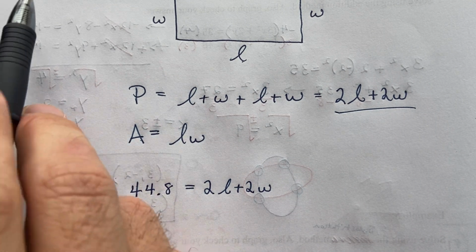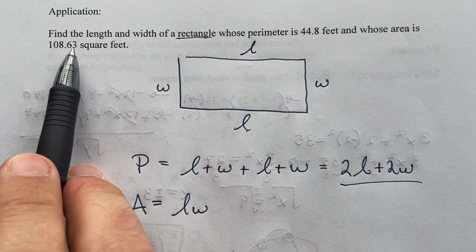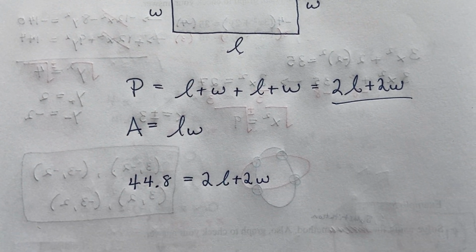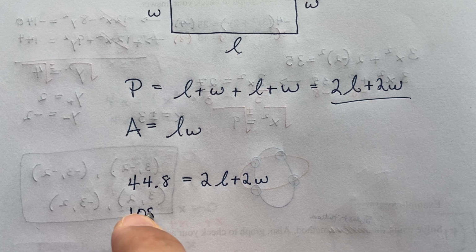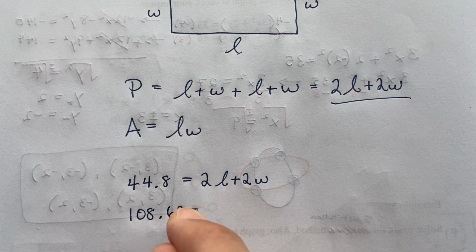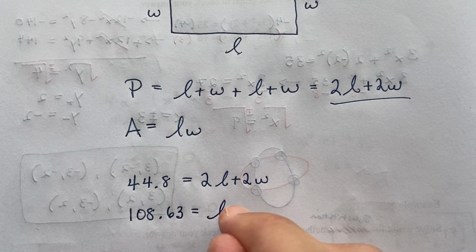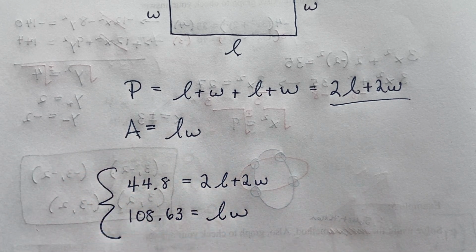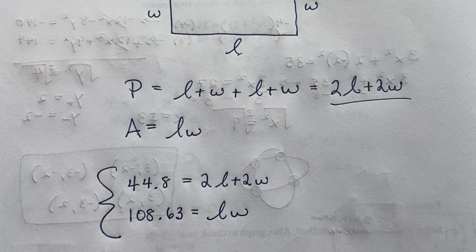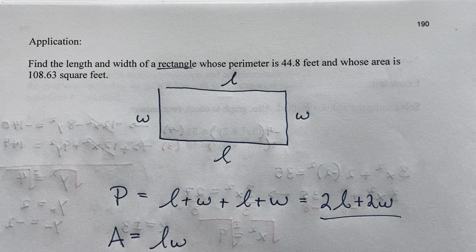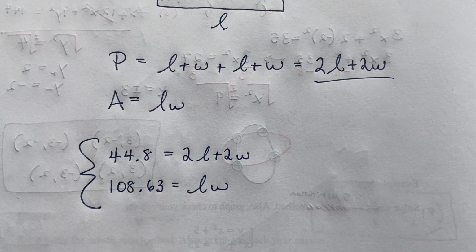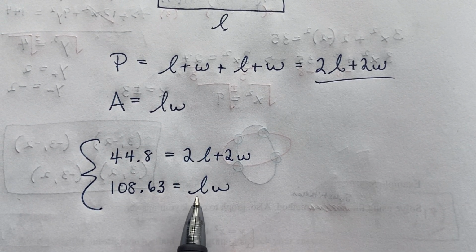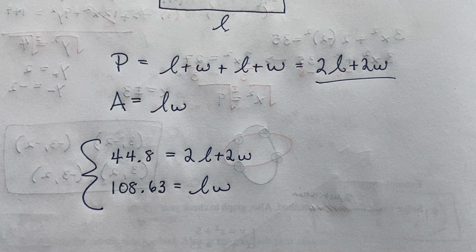The area needs to be 108.63. So I'll have 108.63 equals length times width. And this is the system that is implied by this information. And this is the system that we need to solve for L and W.